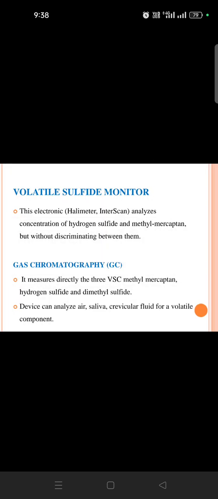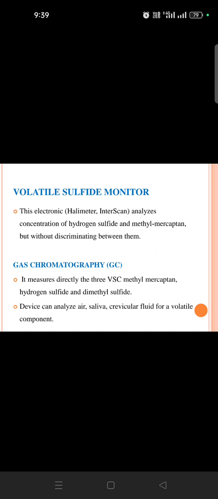Next, the volatile sulfide monitor is an electronic device which analyzes the concentration of hydrogen sulfide and methyl mercaptan, but it is not able to discriminate between the two. It will just tell the presence or absence of volatile sulfur compounds.